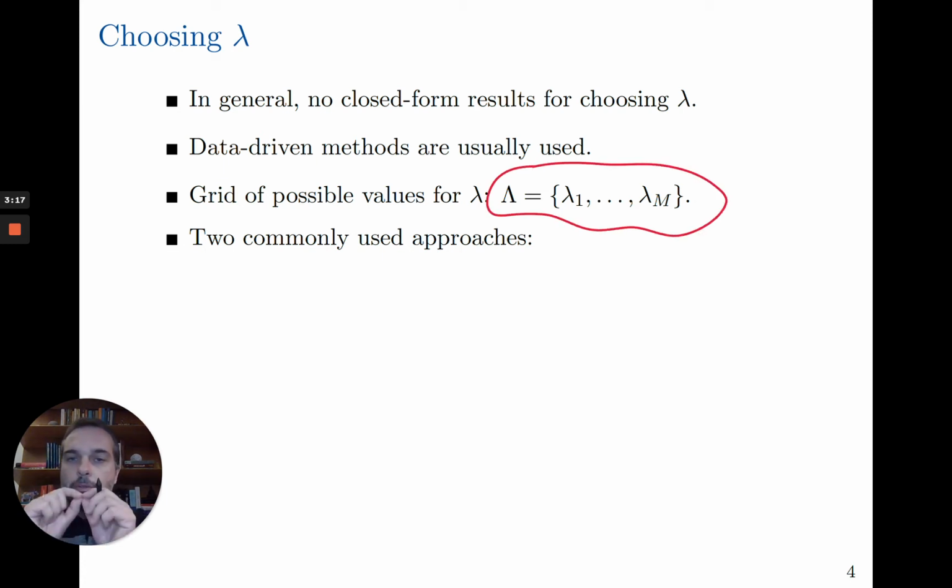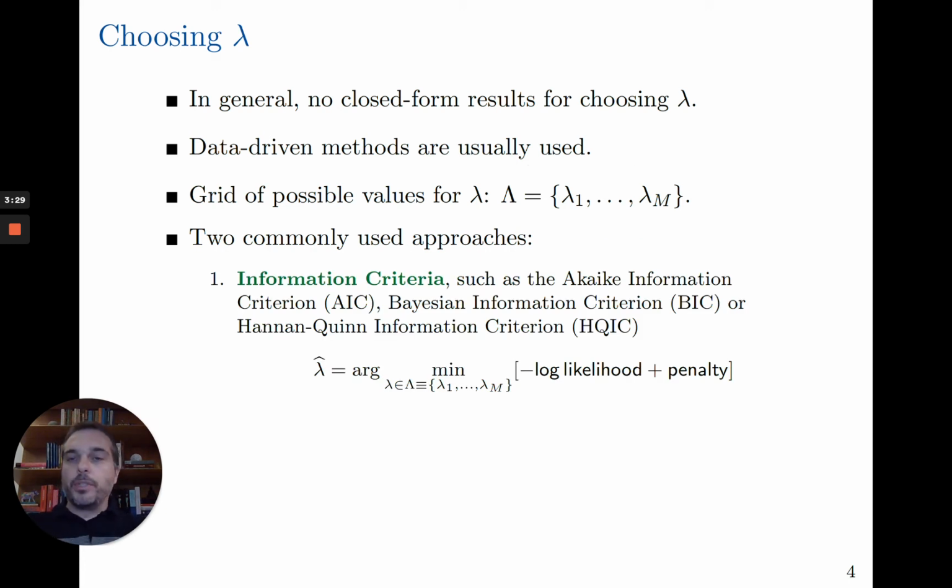One is to use what we call an information criterion, and there are many of these criteria in the literature: the Akaike information criterion, the Bayesian information criterion, Hannan and Quinn, minimum description length.